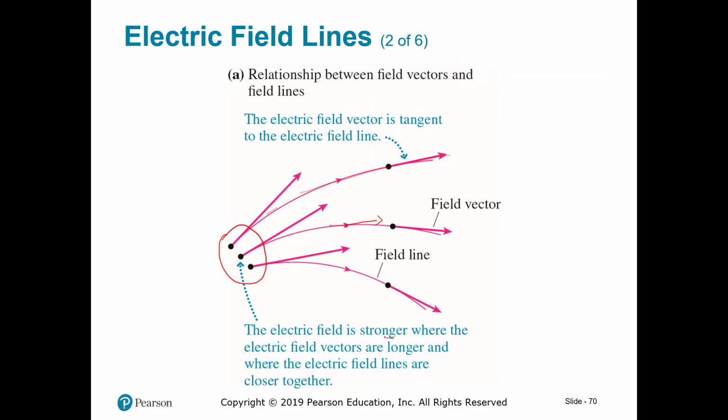So the electric field is stronger where the electric field vectors are longer, of course, right? Because here, this is longer, this is shorter. You can also find it based on the density of it, right? In other words, where the electric field lines are closer together. And then the direction is the electric field vector is a tangent to the electric field line at that point.